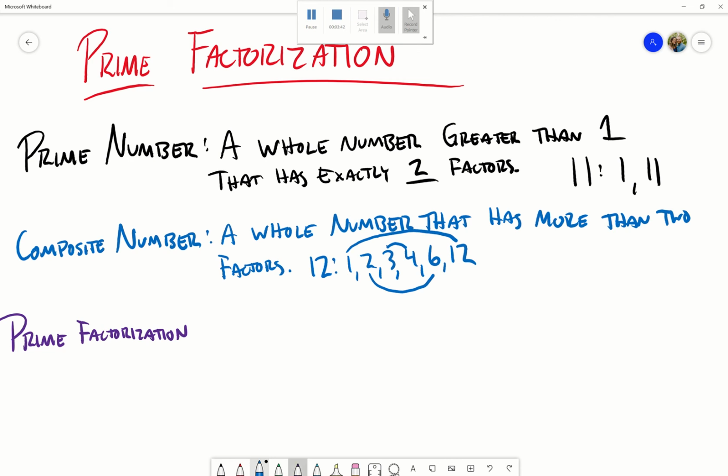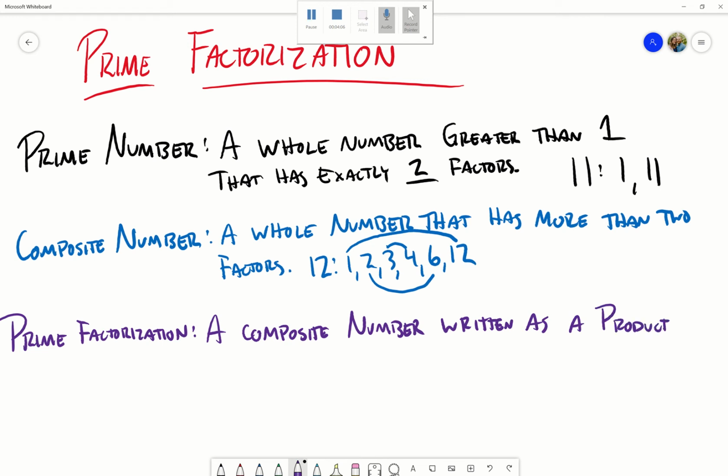All right, and then finally we have prime factorization. The prime factorization is a composite number written as a product of its prime numbers.